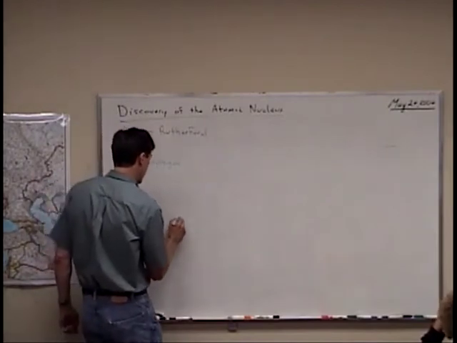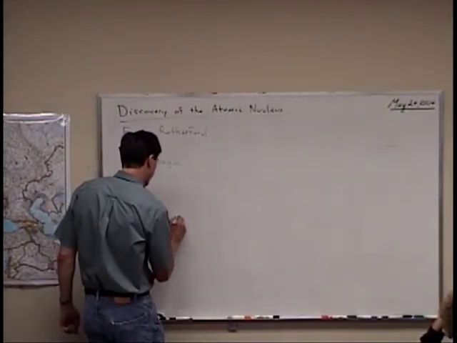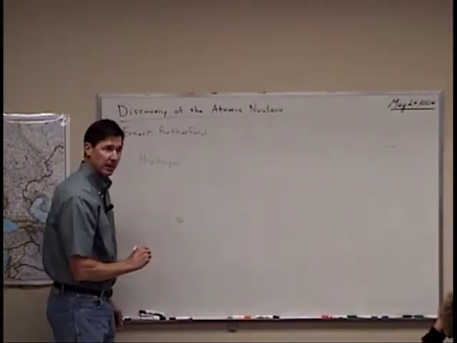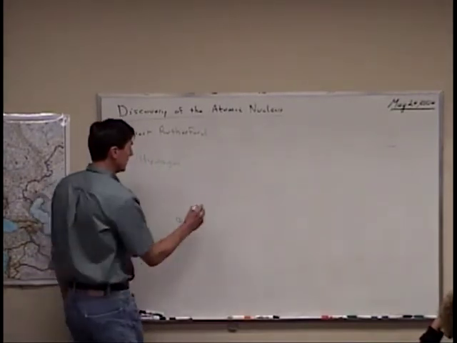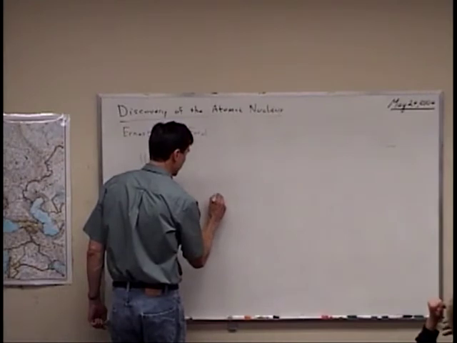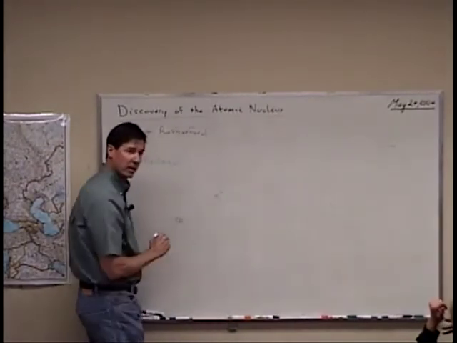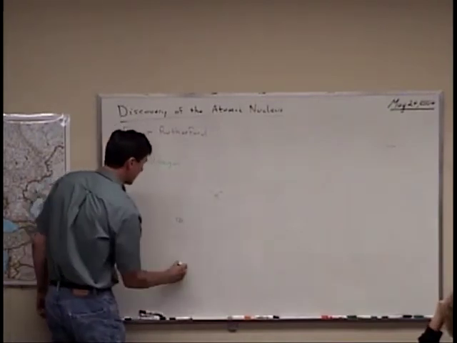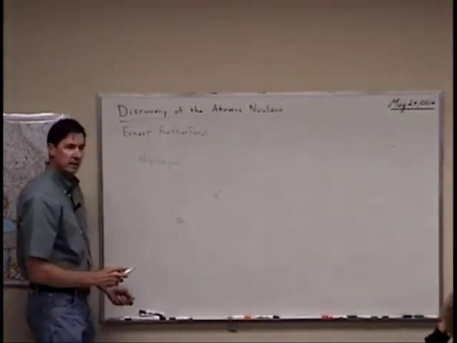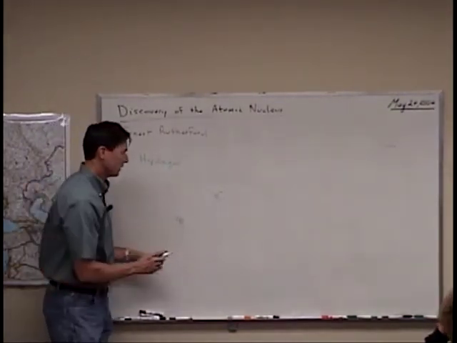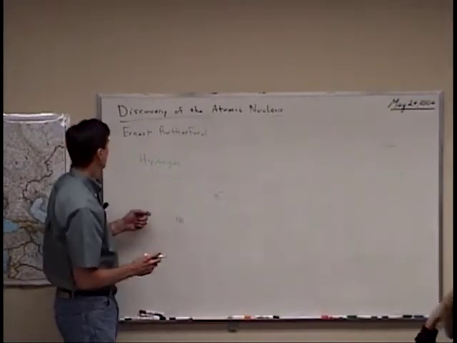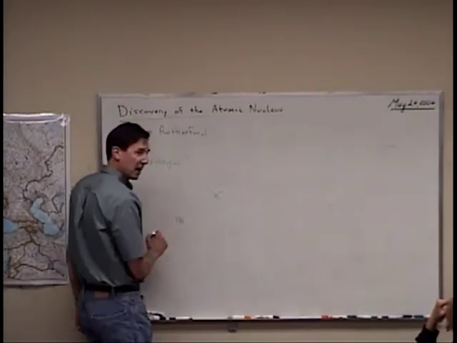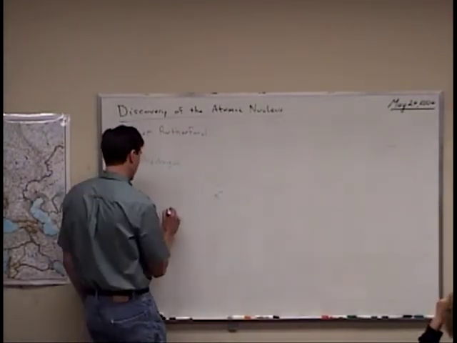So you figure, well, it has one positive particle that makes up its nucleus. And then it was known, of course, that hydrogen had 1 electron. So you've got 1 electron orbiting 1 little positive particle, which, by the way, Rutherford named the positive nuclear particle the proton.